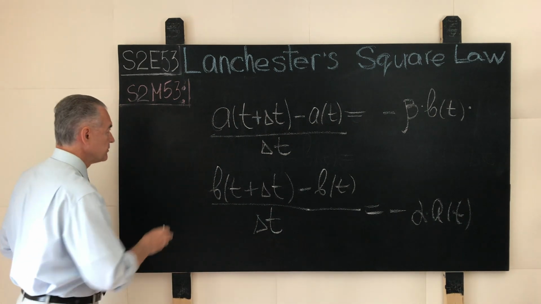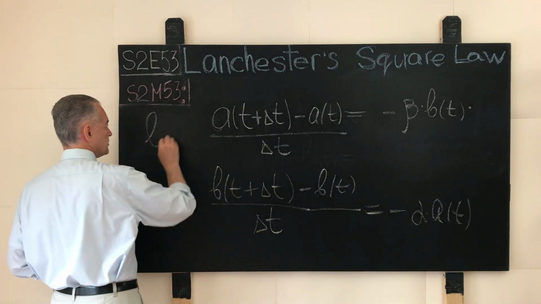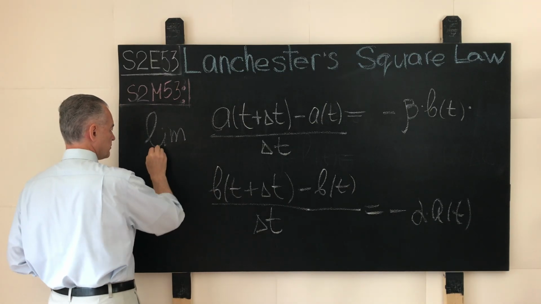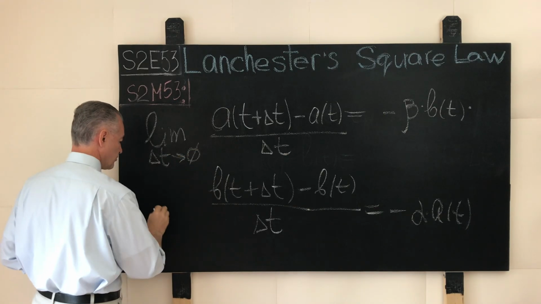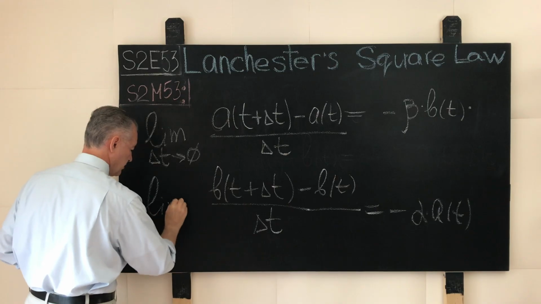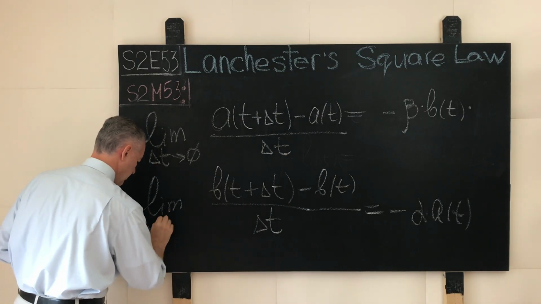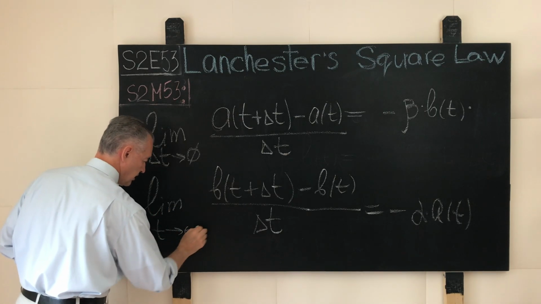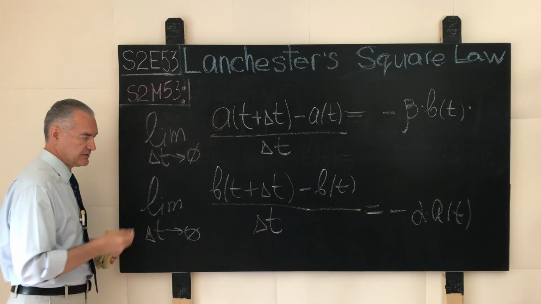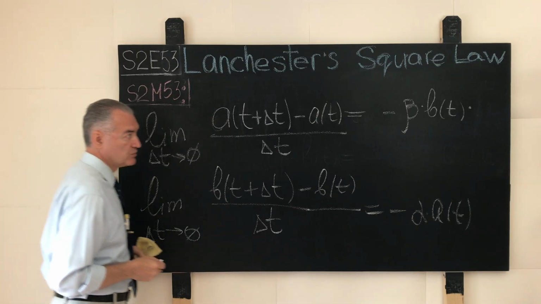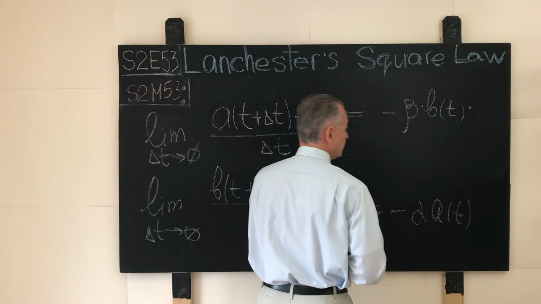And what is the next thing that we do traditionally? Exactly, we pass to the limit. We want to pass to the limit in this case when the arbitrarily small amount of time delta t tends to 0. This is not really mathematics, this is arithmetic, and we take the same limit over here.